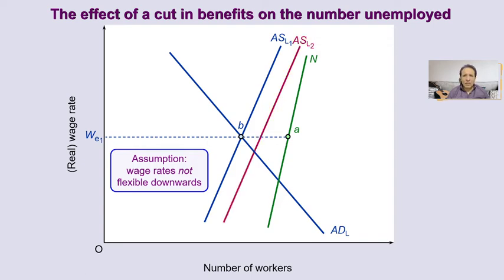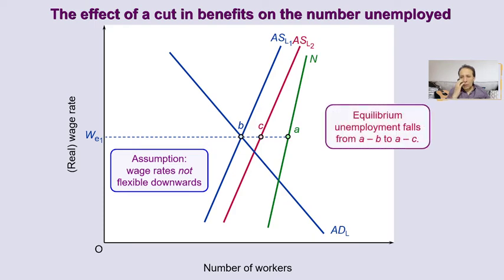So as a result of this cut in the benefits, the number of people that are keen to find a job increases. That is why we have this shift in the aggregate supply for labor to the right. And as a result, you can see how we pass to an equilibrium from A to C. We do not pass to this new equilibrium here if we assume that wages are not flexible.